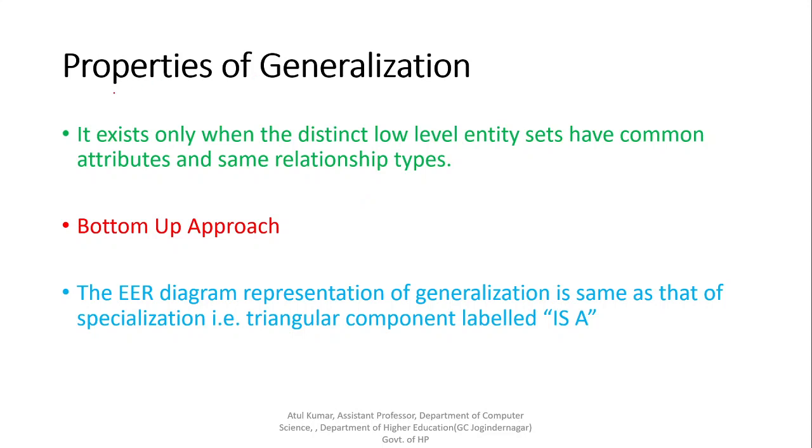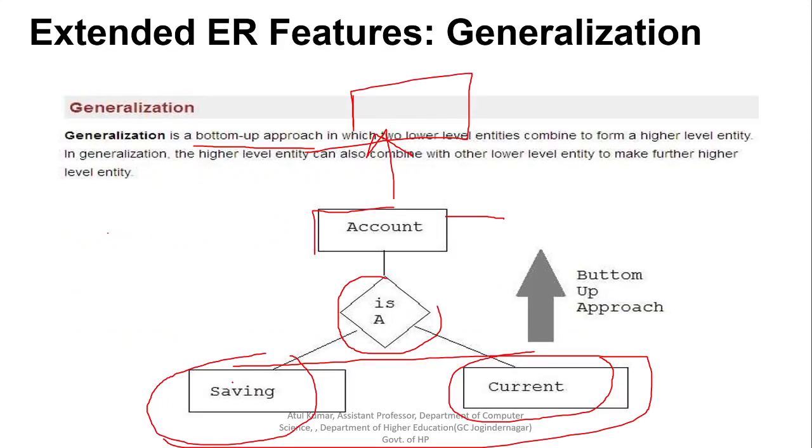Next, what are the different properties of generalization? Generalization exists only when the distinct lower level entity sets have common attributes and have the same relationship types. In this example, we have two accounts, saving and current. These are lower level entities and they must share common attributes, as both saving and current are a form of account.